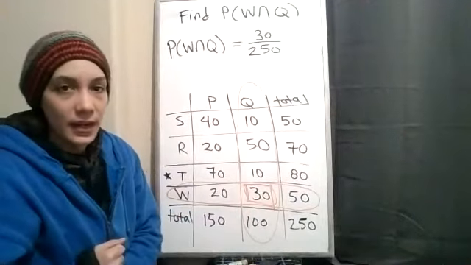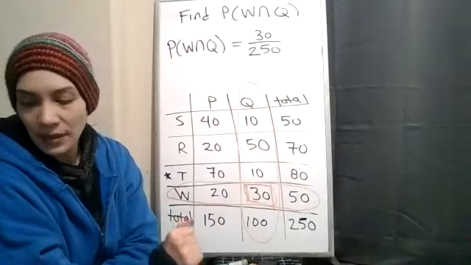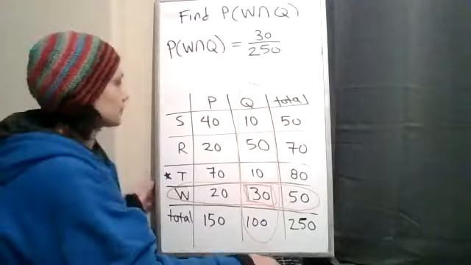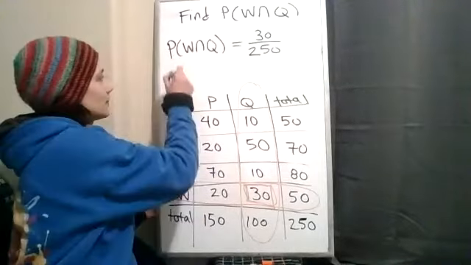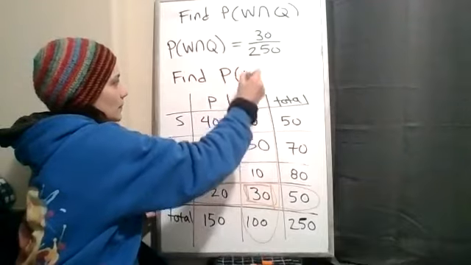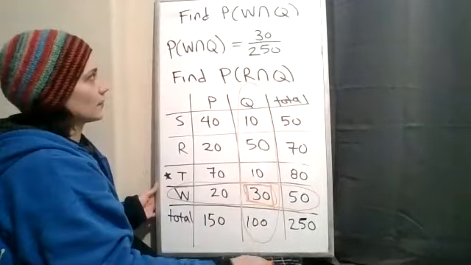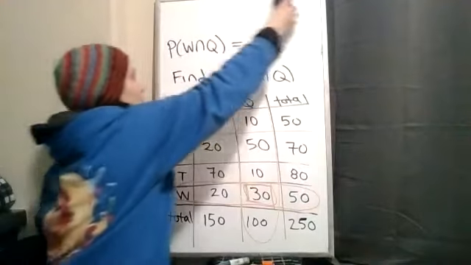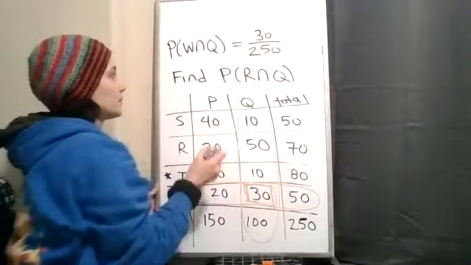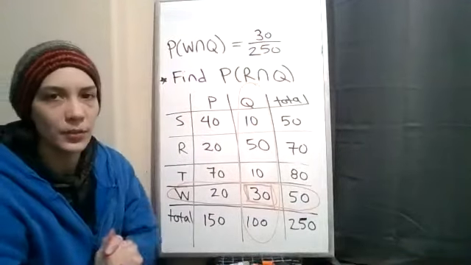Okay, let's find the probability of R and Q. Let's work on it for a moment.